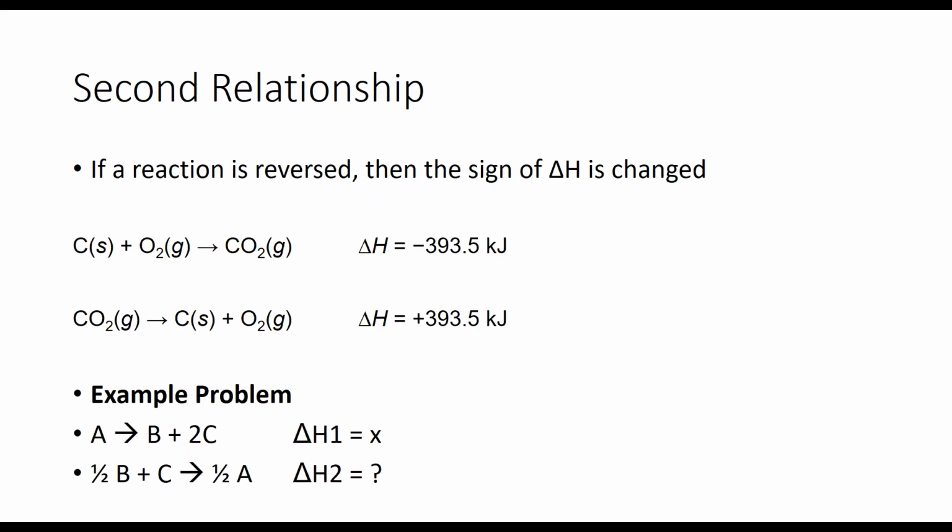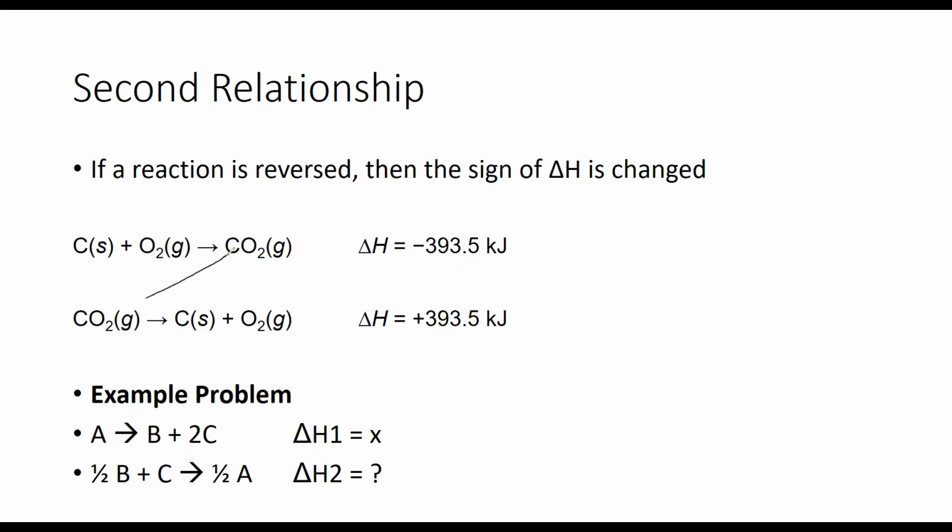Our second relationship is what happens if the reaction is reversed. So here we have carbon plus oxygen goes to carbon dioxide. Delta H there is negative 393.5. But let's say we wanted to do the reverse reaction. Let's say we wanted to take carbon dioxide and break it down into carbon plus oxygen.